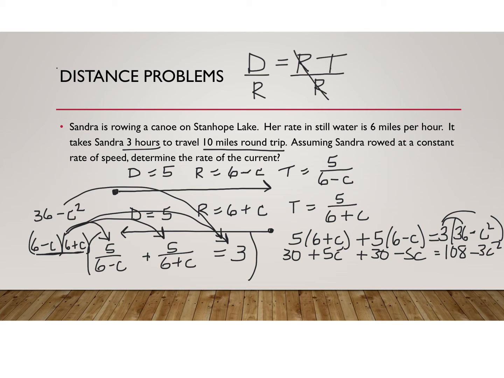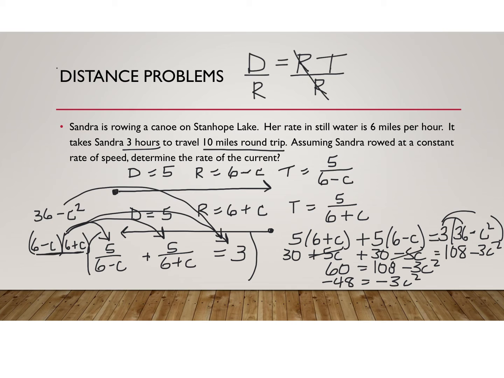This plus 5c and minus 5c are going to cancel. This is going to equal 60. So 60 is equal to 108 minus 3c squared. I'm going to subtract that 108. So I've got negative 48 is equal to negative 3c squared.